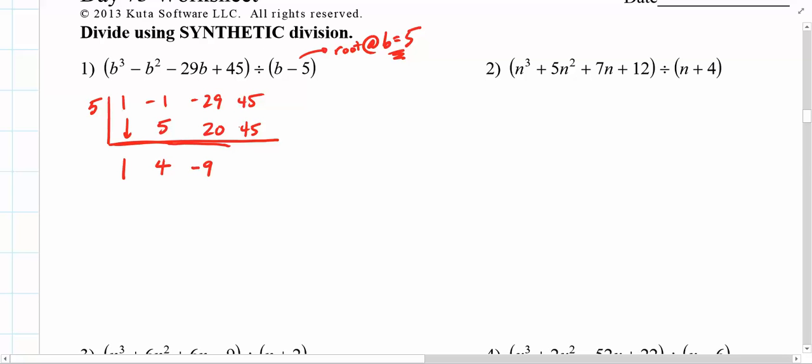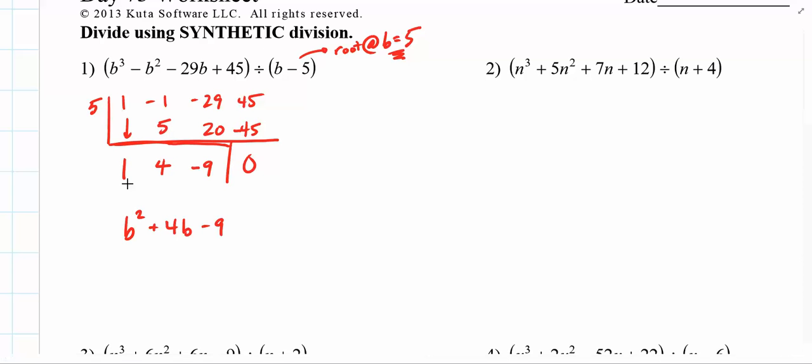So 5 times -9 is -45, and this leaves us with a remainder of 0. So upon completion of this division, we have an end result, b squared plus 4b minus 9, with a remainder of 0.